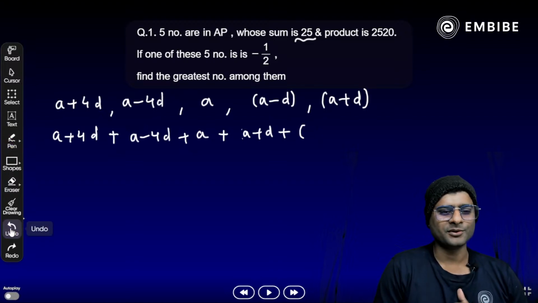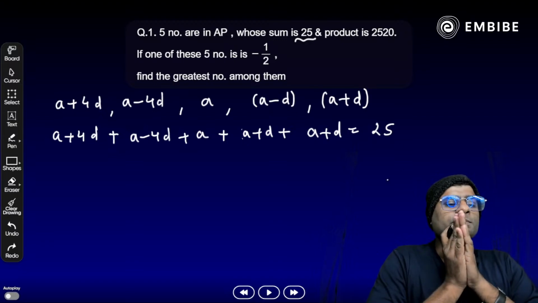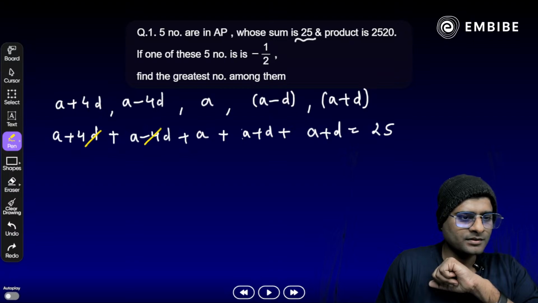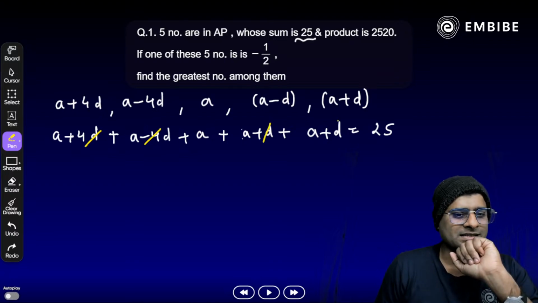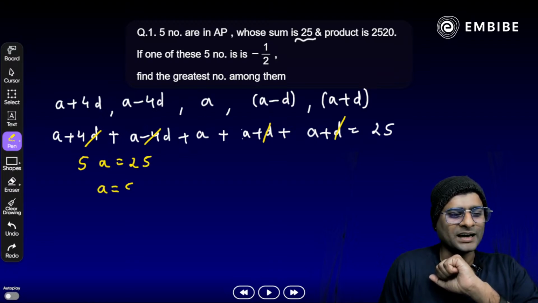Again, I have written it. The sum is 25 here. Now, plus 4d minus 4d will cancel out. Plus d minus d will cancel out. How many a's are there? Total 5a. 5a is 25. So we get what? A is 5 here. So we get the value of a, that is 5.